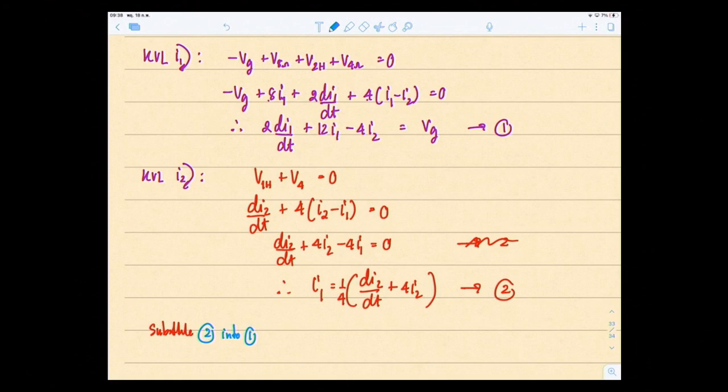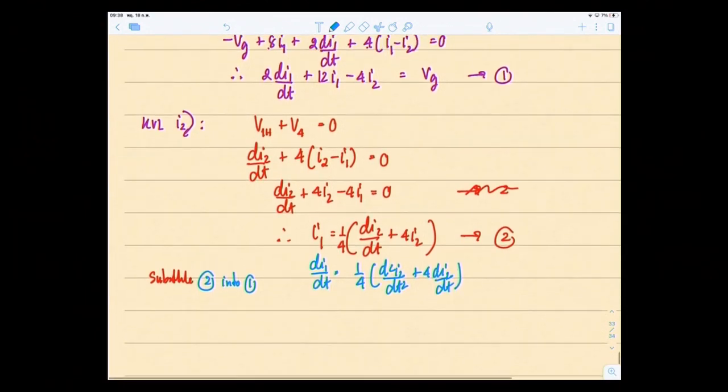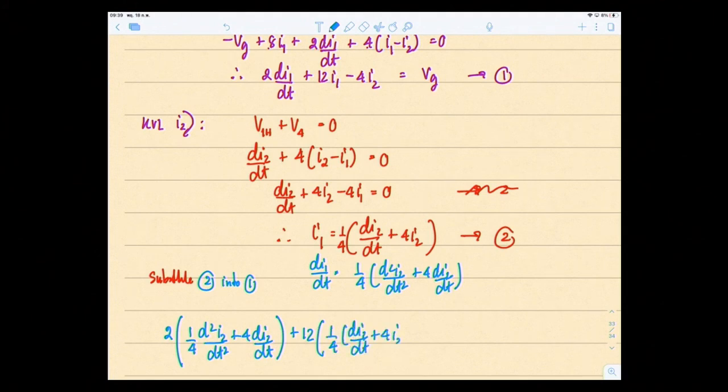First, di1/dt will become 1 over 4 d squared I2 over dt squared plus 4 di2/dt. Substituting it back into equation 1, I get 2 times (1/4 d squared I2/dt squared plus 4 di2/dt) plus 12 times (1/4 di2/dt plus 4I2) minus 4I2 equal to VG.